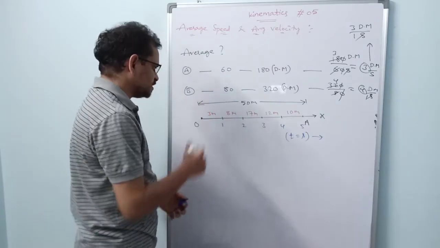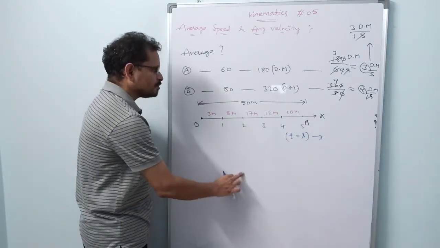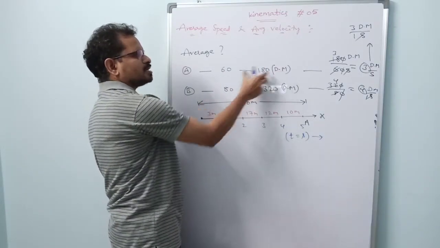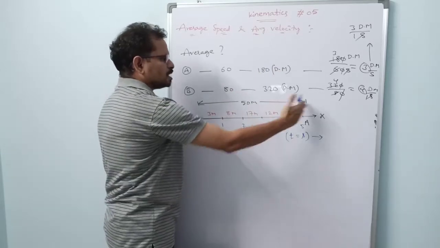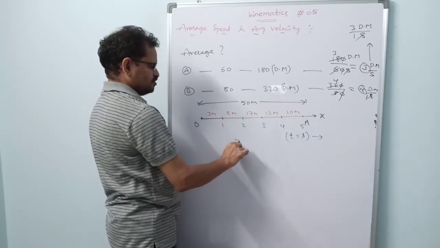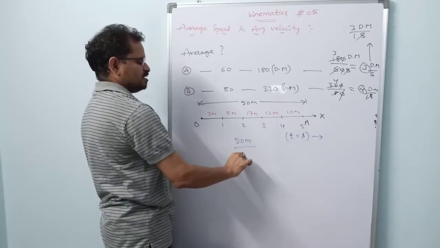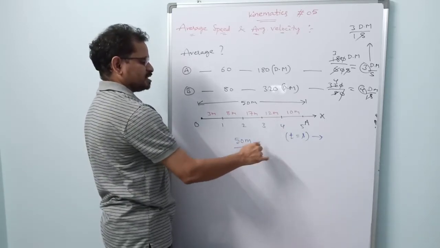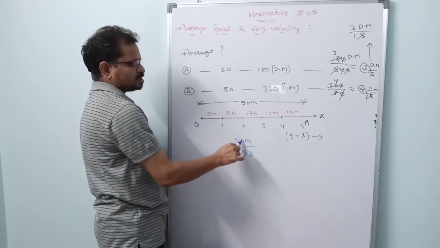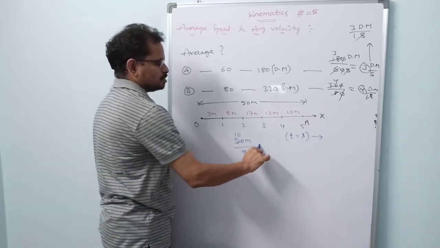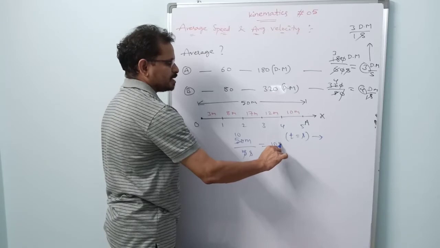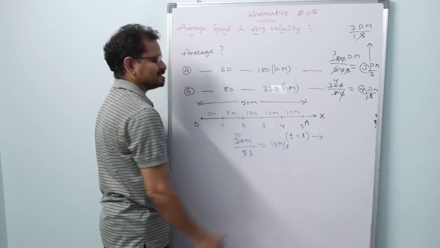Now for that, what we did previously was total number of chocolates by total number of students. Here, total distance is 50 meters, total time is 5 seconds, so 50 meters by 5 seconds. 5 goes in 50 10 times, so this can be written as 10 meters per second.